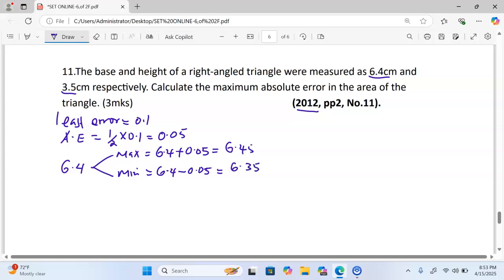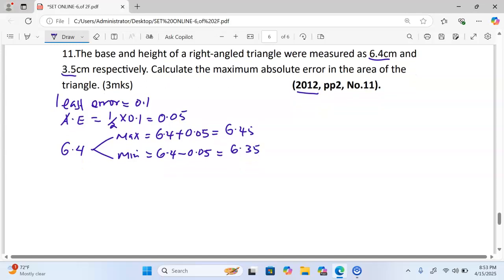Once we have that, we again go to the height of 3.5. The maximum is going to be 3.5 plus 0.05, which gives us 3.55.